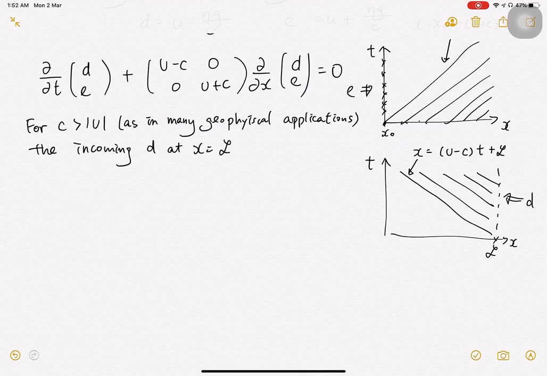So the incoming d at x equal to L, the big L, should be 0 for all time. Why is that? We should set d equals to 0 here, because there should be nothing coming in on the right hand side. Your equation u, we assume that it's larger than 0, right? So that's why we need to set d equals to 0.